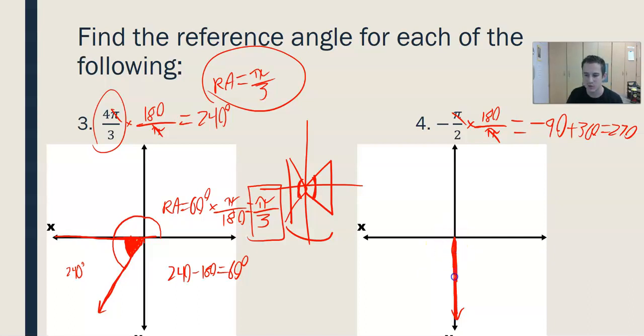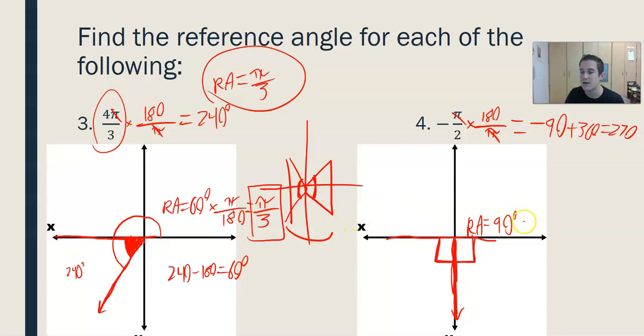Well, because I'm directly perpendicular to the x-axis, I could draw a terminal angle either this way or this way. Right? The angle between this side and the x-axis in either direction is going to be a right angle, or 90 degrees. So my reference angle is 90 degrees. That's the angle between this terminal side and the x-axis.